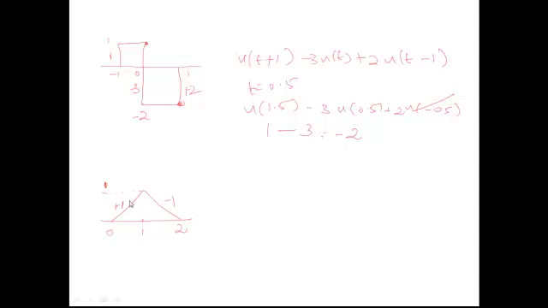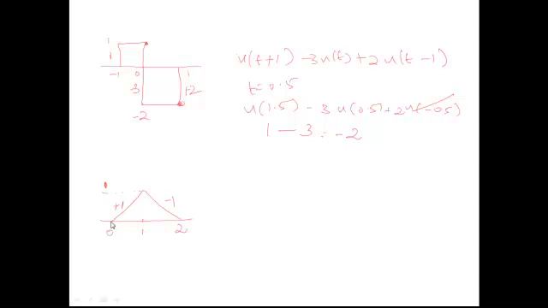Now, when you are writing for the ramp signal, what you need to understand is that you are not finding the amplitude change, you will always write the slope change. Again you are starting from the negative side and moving towards the positive side.